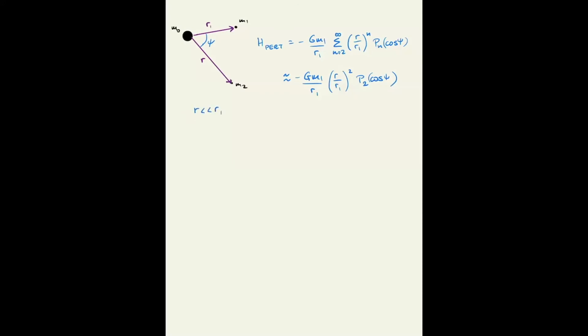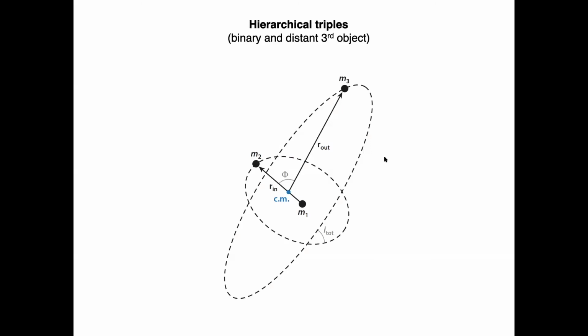Looking at the geometry of the problem, if R is much, much less than R1, that means that the massless body is much closer to M0. So this is the situation. You have essentially a binary formed by M0 and M2 and an outer perturber, M1, much, much more distant. This situation is called a hierarchical triple. A hierarchical triple is shown here.